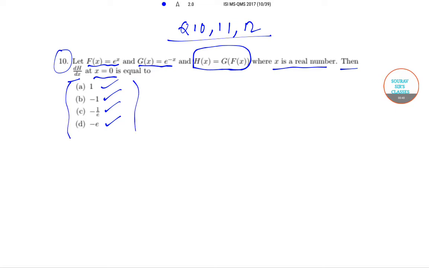So now we have been given that h of x is equal to g of f of x. Now g of f of x is g of e to the power x, and g of e to the power x is nothing but e to the power minus of e to the power x.